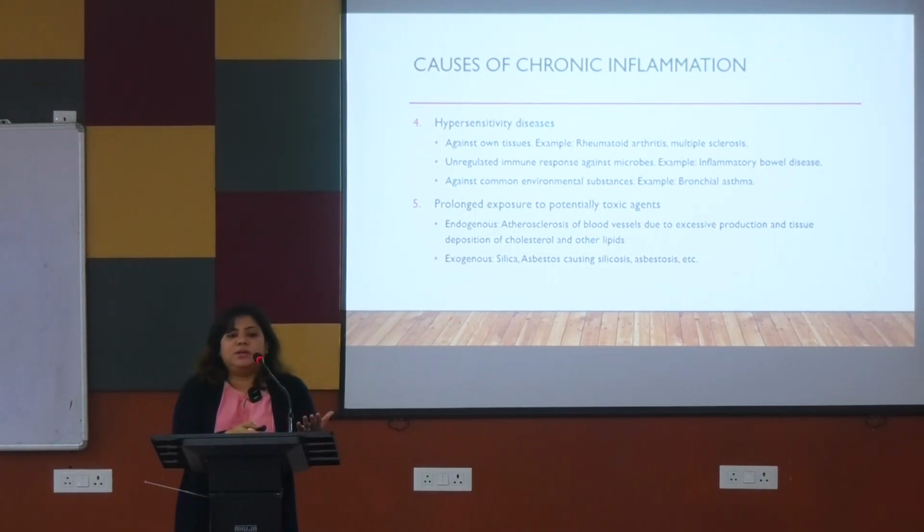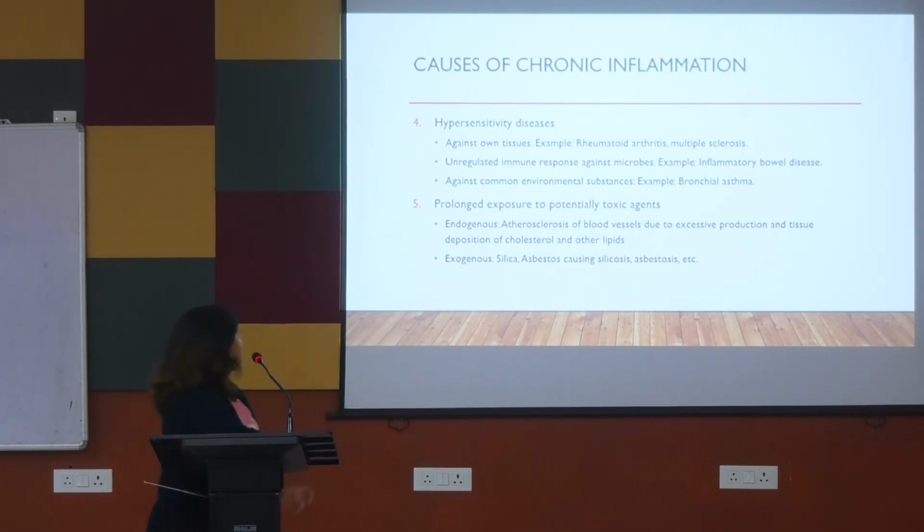Say rheumatoid arthritis, SLE, multiple sclerosis, Sjogren syndrome, lots of autoinflammatory diseases. So the body is attacking its own tissue. The body does not know that this is not foreign, so ultimately it's not helping the body at all. It is detrimental for the body. The person can even die because of this kind of chronic inflammation. The body is attacking its own tissue and giving rise to chronic inflammation. That example is rheumatoid arthritis, SLE, multiple sclerosis.